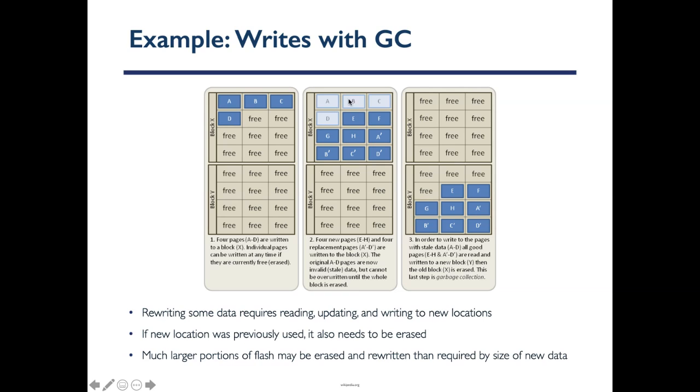So they become invalid. E, F, G, and H are being written. And instead of rewriting these, because you can't rewrite on top of the old ones, you have to write them in free pages. So we write them somewhere else, and the controller will remap those logical page numbers to these new physical page numbers.